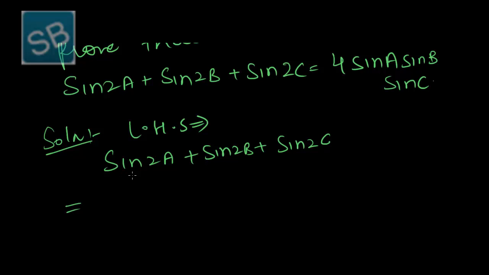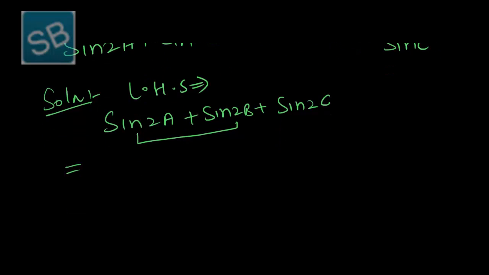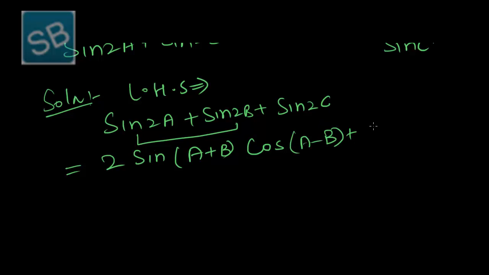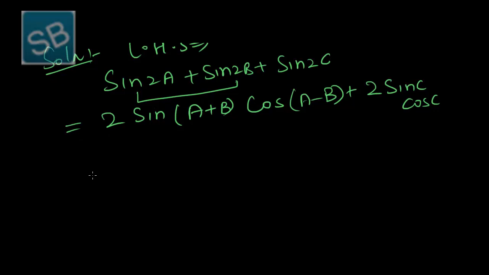So as we use sum or difference in the form of product, we will get 2 sine of (2a plus 2b) by 2, that is 2 sine a plus b, and cos of (2a minus 2b) over 2, that is cos a minus b, plus we can write here 2 sine c cos c, that is the formula of multiple angles.